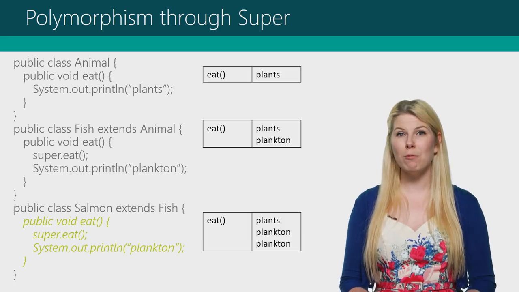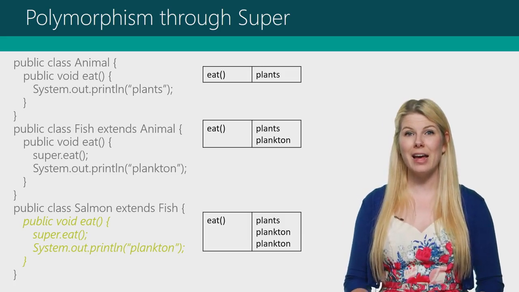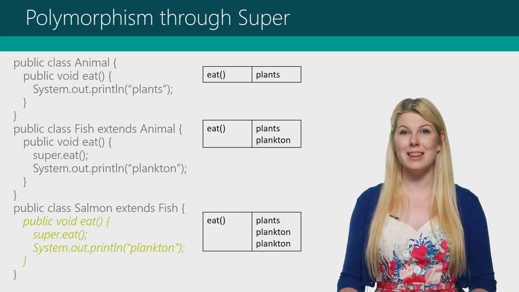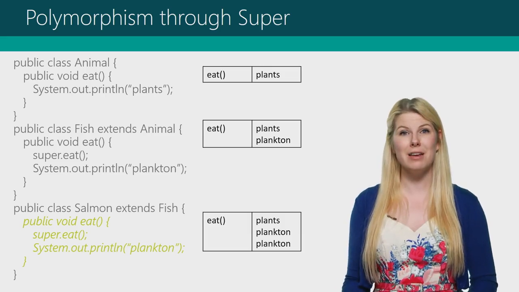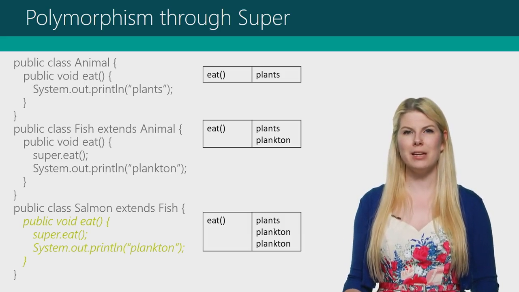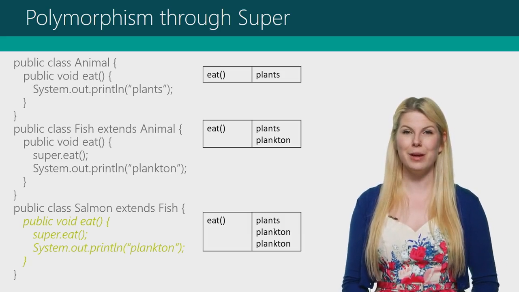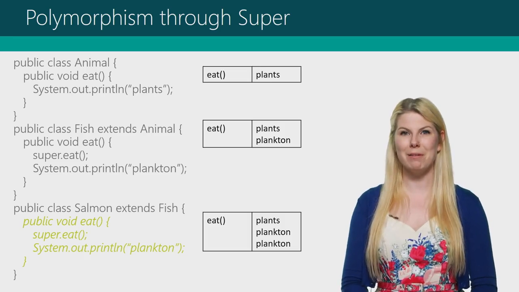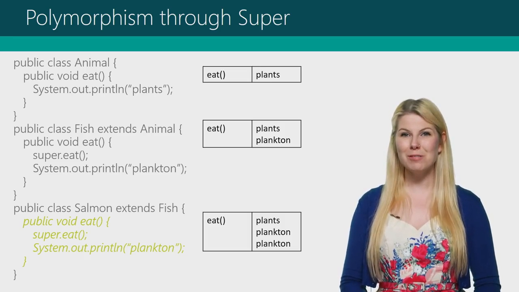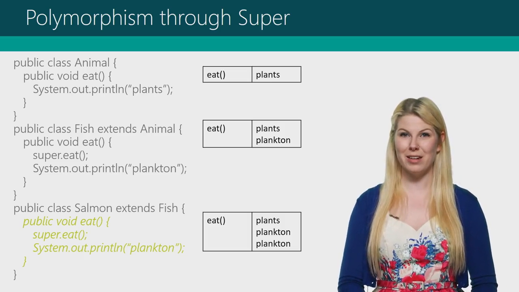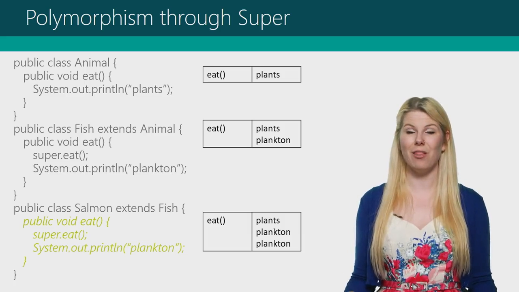So when I'm running this method that I have inherited, I look to my superclass's implementation of eat, and that's what I use for my super.eat. It's plants and plankton. And then, because I have inherited that extra println of plankton, I add another one on at the bottom. So it's important to remember that super always refers directly to your parent, and it doesn't just go automatically all the way up the chain.